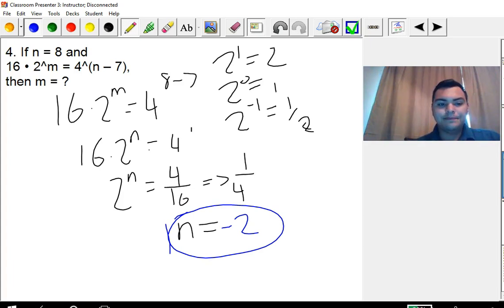But yeah, sometimes they're not going to give you n equals 8. Sometimes they're going to give you 16 times 2 to the m equals 4 to the n, and it's going to be your job to figure out what m is equal to and what n is equal to for the equations to be equal to each other.